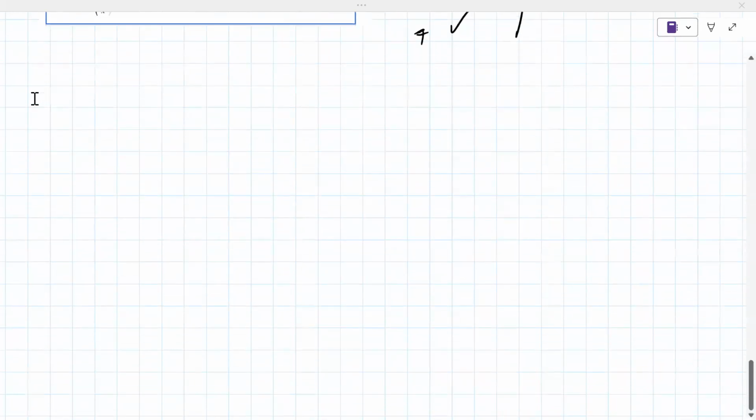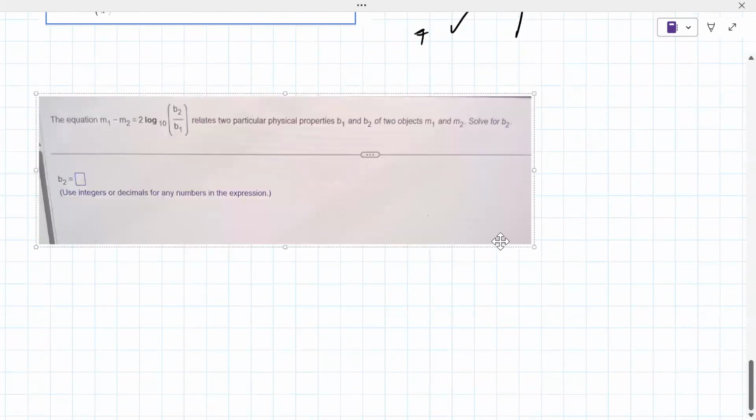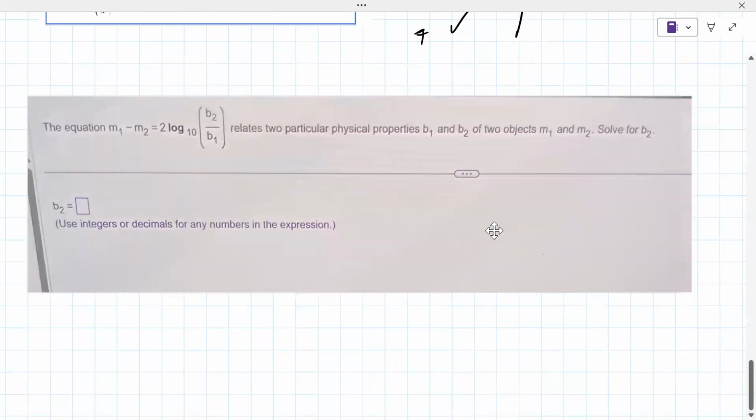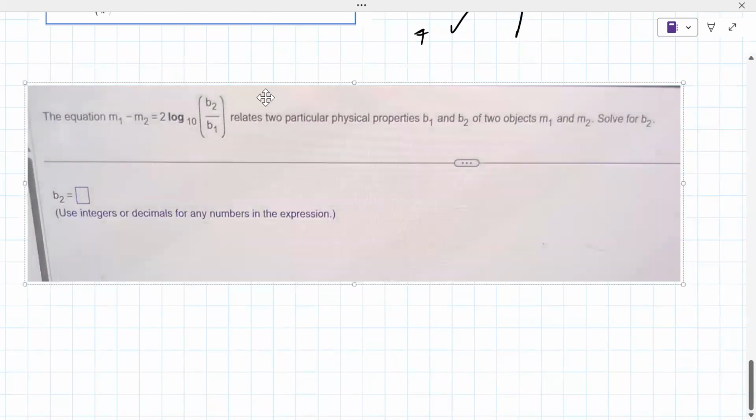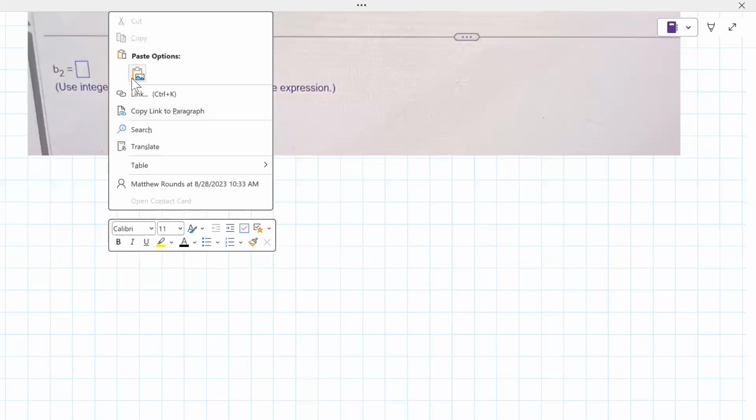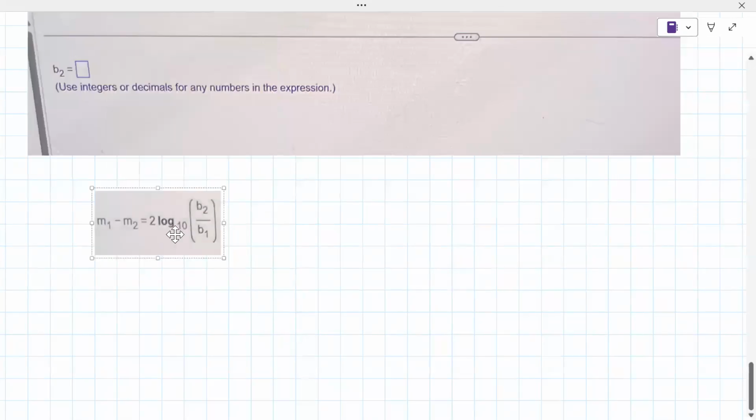This is just what's called a literal equation, no numbers, and you're just solving for something inside the equation. In this case, it looks like it's B2. Let me just grab the equation only. It doesn't really matter what the physical situation is. They're just telling you to solve this for B2.